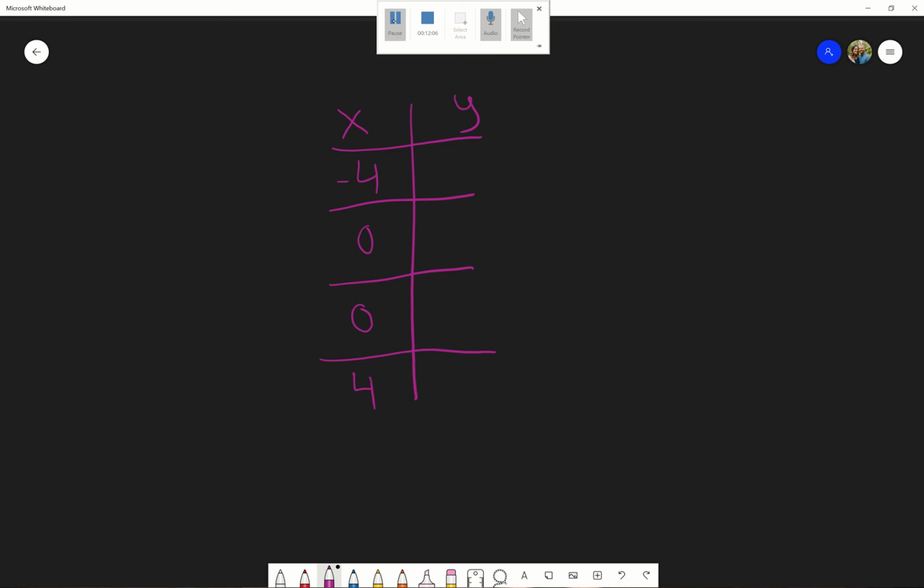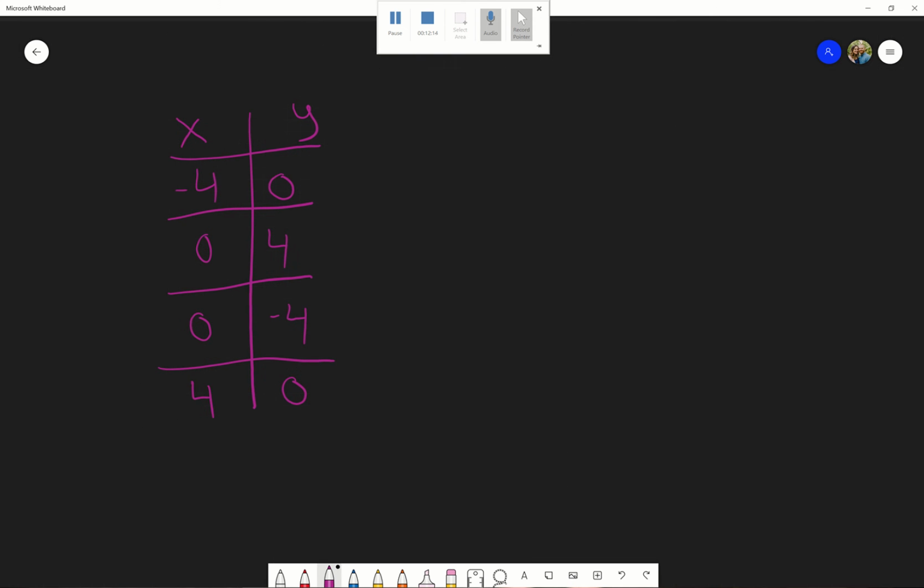And then we go 0, 4, -4, 0. Now, I want to look here. What is the domain? What is the range? And is this a function? All right, you solve this out.